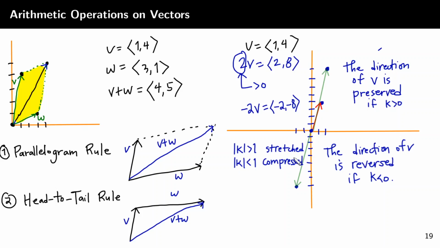So what about subtraction then? So subtraction of vectors, so v minus w, yan. This is just the same as v plus negative w. So let me just check on my space pa ako dito. Let me draw the vectors here.